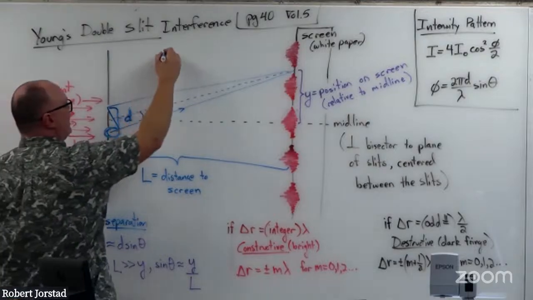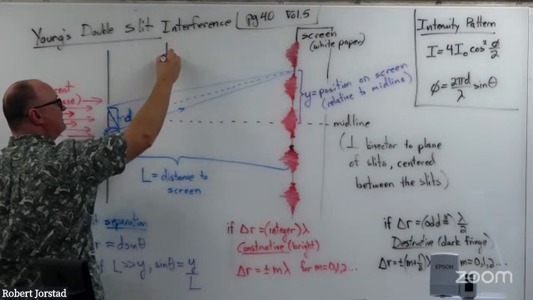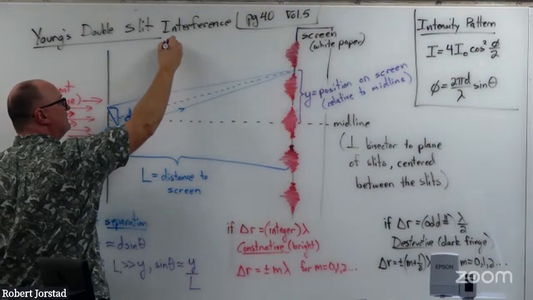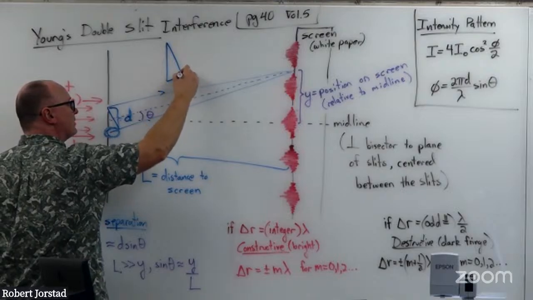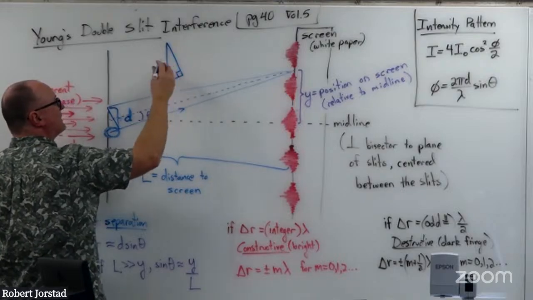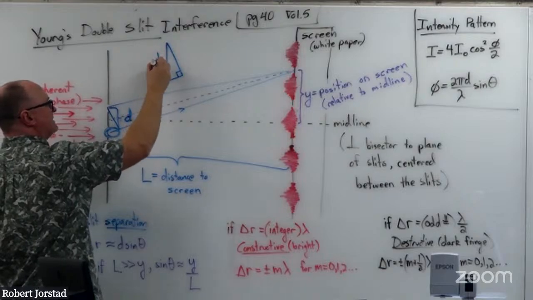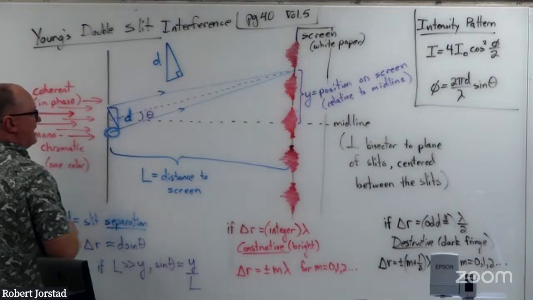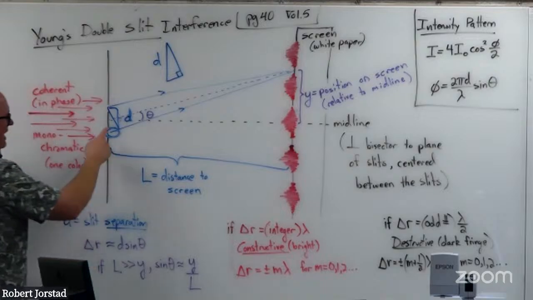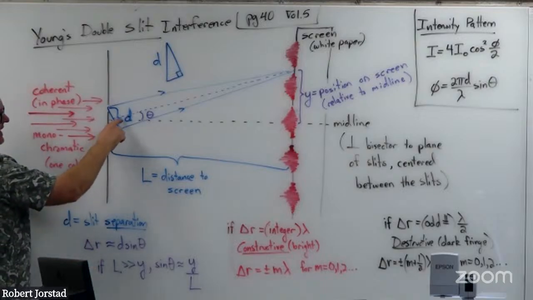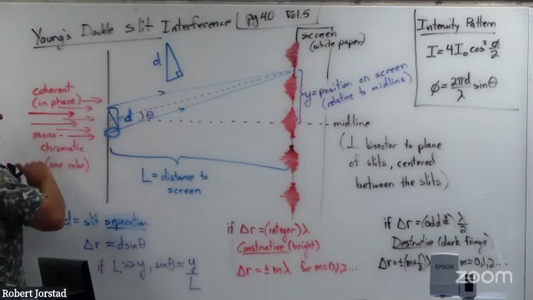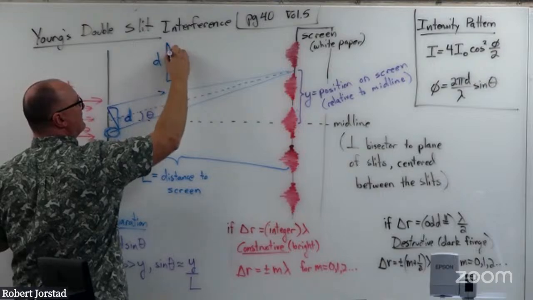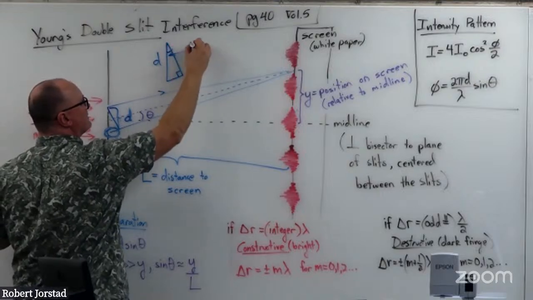If I draw that a little bit better, we get a right triangle. This side is d. Then if we do a little bit of geometry, we can see that this angle is 90 minus, that makes this theta. This top angle right up in here is also theta.